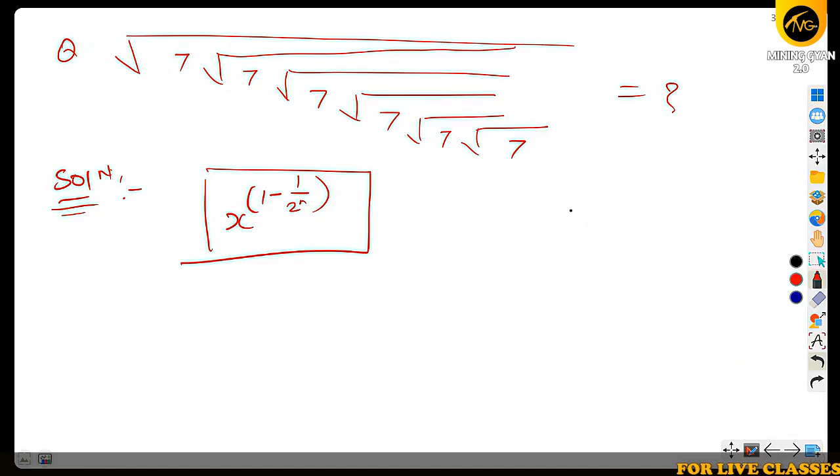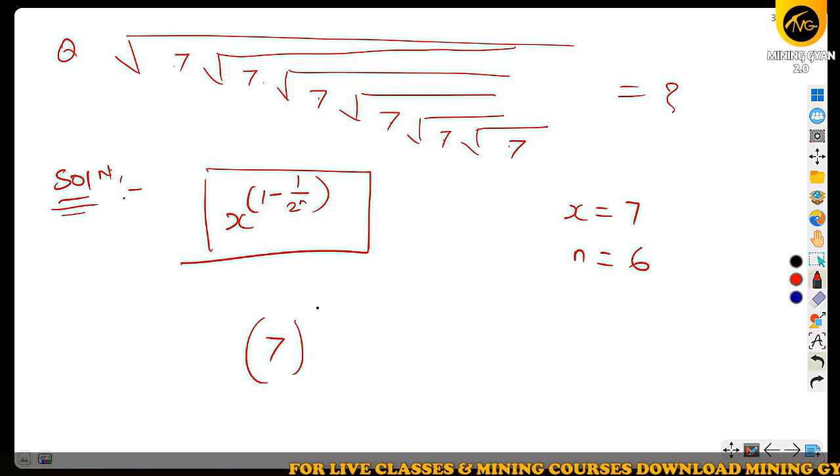Okay, now in this case, x is 7 and n is the number of x's: 1, 2, 3, 4, 5 and 6. Correct? Now, x is 7 whole power 1 minus 1 divided by 2 to the power 6.